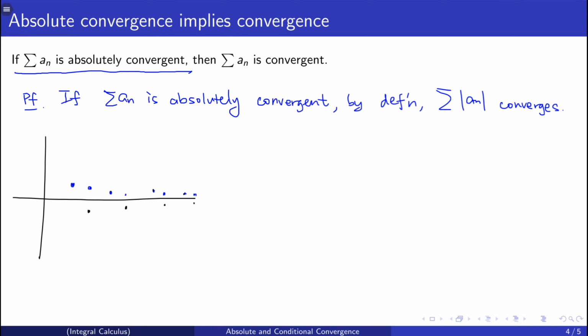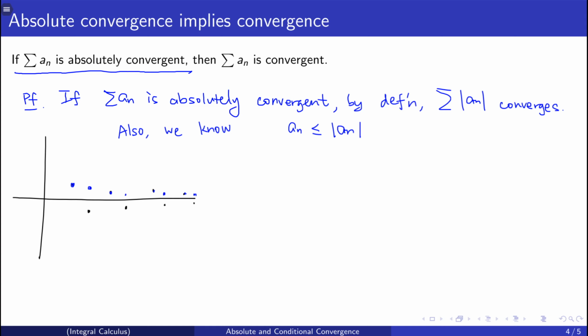In fact, what can we say? Well, a_n, first of all, is always going to be less than or equal to the absolute value of a_n. That's pretty clear here.